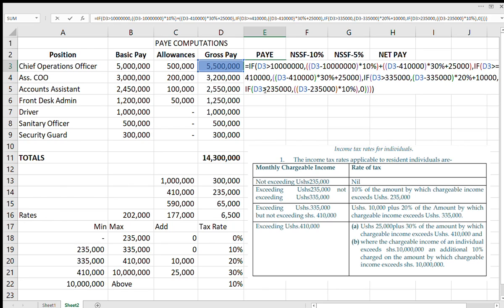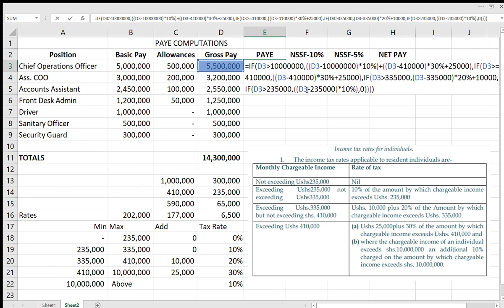Okay, so we are on this situation, almost the last one, where we say if D3 is greater than 235,000, what should the computer do to calculate? Let it calculate the difference. That amount it is exceeding 235.